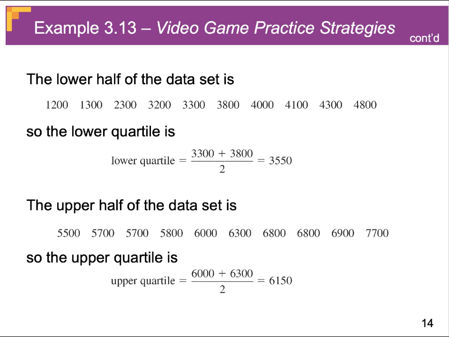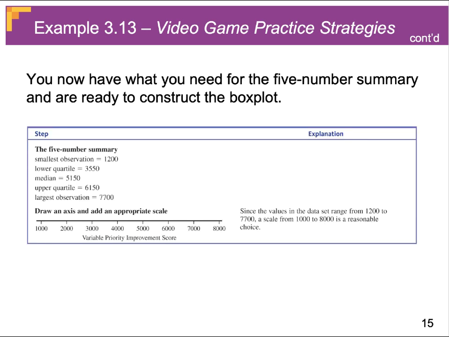Then we can separate the lower half of the data and get the lower quartile, Q1, 3,550, and then the upper quartile is obtained by getting the median of this upper half, which is 6,150. So the 5 numbers in our 5-number summary would be the minimum, which is 1,200, the lower quartile, 3,550, the median, 5,150, the upper quartile, 6,150, and the maximum, 7,700.